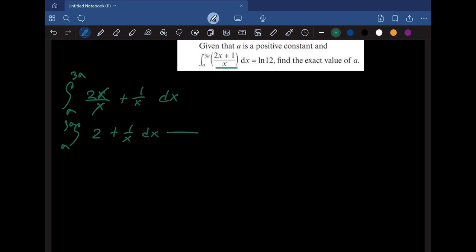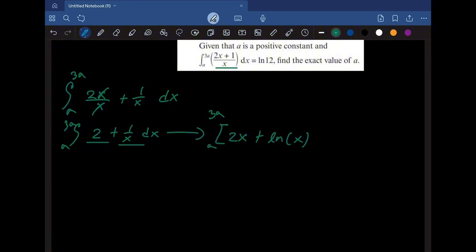Which can be written as 2x plus ln of x, because when we differentiate ln x we get 1 by x. So 2x plus ln of x, and we will give the limit as 3a and a.